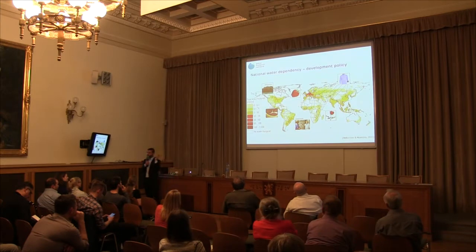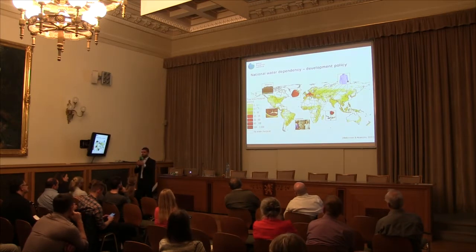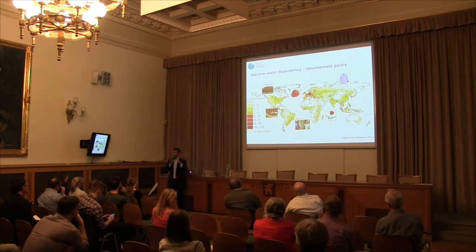So this is about national policy, about climate change adaptation, trade, bilateral agreements. What we do, for example, about this development policy, national water dependencies: the EU is revising its climate adaptation policies, and the new strategy of the EU will embed this kind of information, because this is lacking. This is not there, because they never thought about it.